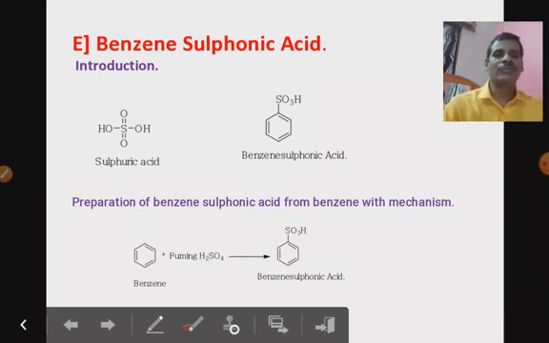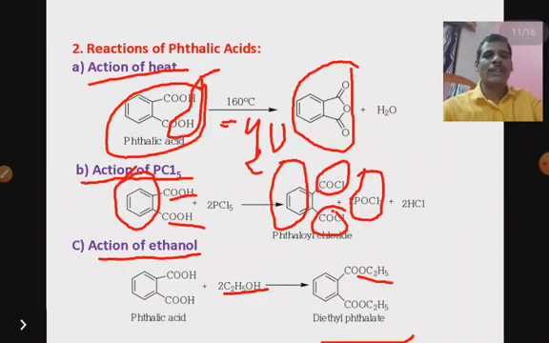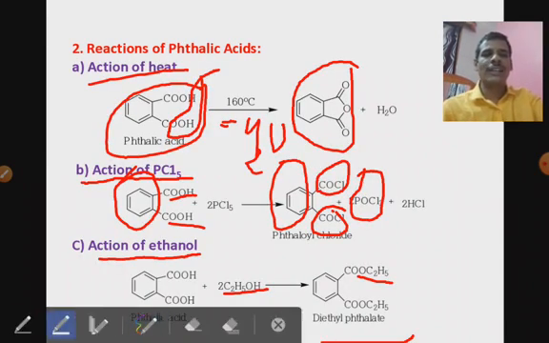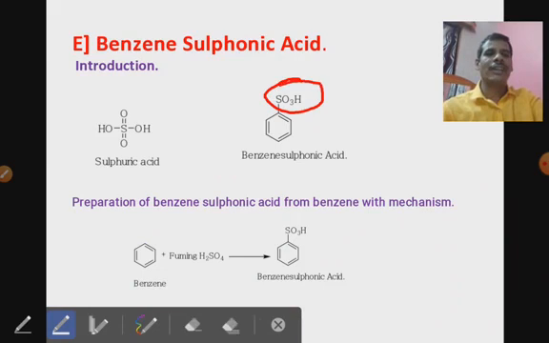We can say that when the sulfonyl functional group is directly attached to the aromatic system, we get benzene sulfonic acid.